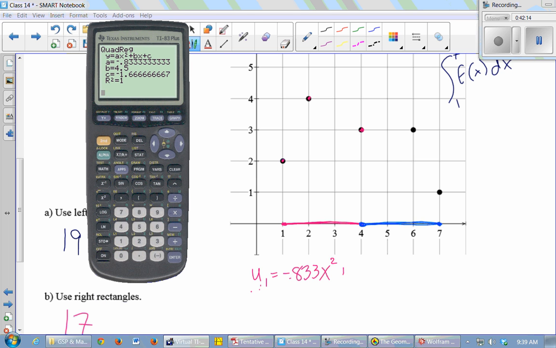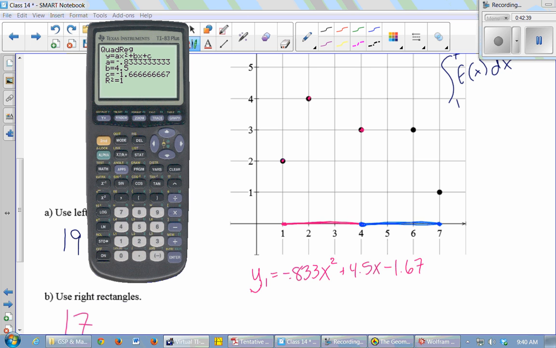Plus 4.5x minus 1.67. And you can see the r squared value is 1, which means it's a perfect fit. That will always happen if you have 3 points, right? 3 points determines one unique parabola, so you'll always get a perfect fit when you put in 3 points.